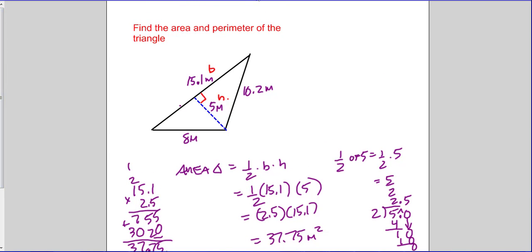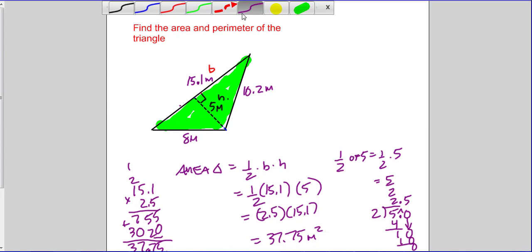So the area of the triangle is the space inside the triangle, and that means I can fit in 37.75 squares that are 1 meter by 1 meter on a side.